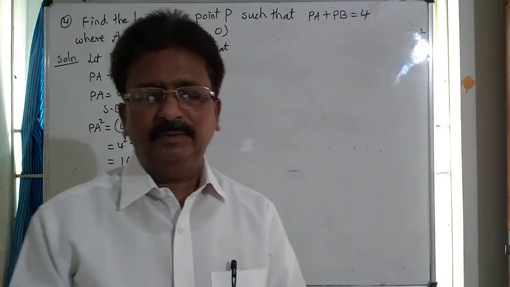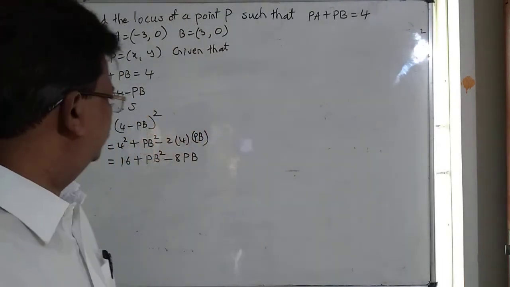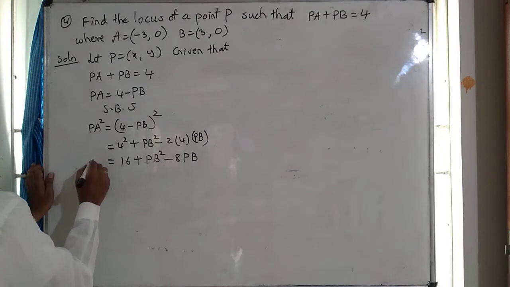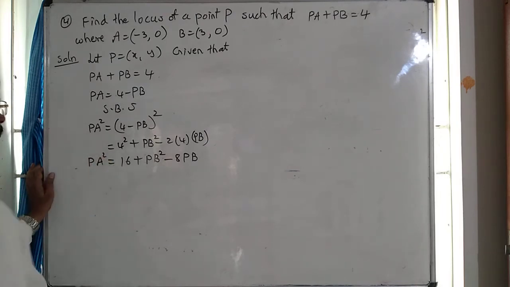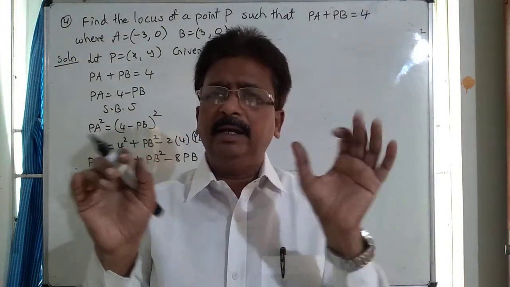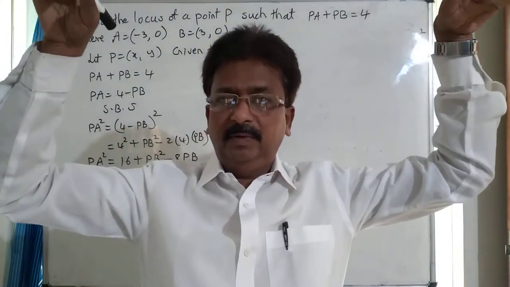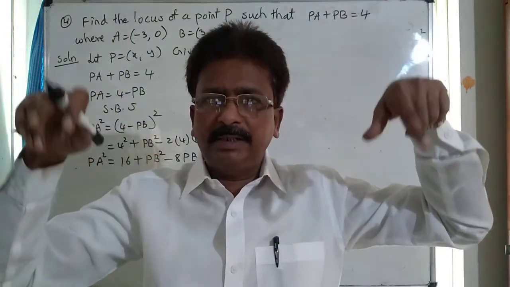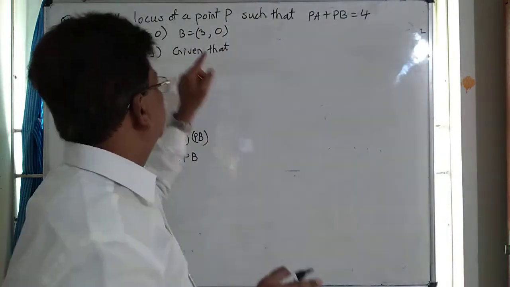Okay, what is the PA square? Left side PA square, the distance between the 2 points P and A, square. What is the PA? Under root of x minus x1. What is x1?